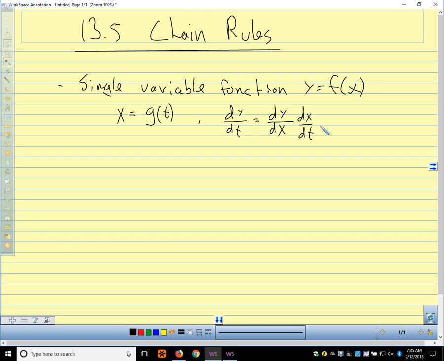And for multivariable functions, it's going to follow a similar pattern, but just like we have several second partial derivatives, we have several chain rules, depending on how our variables depend on other variables. So we're going to talk about a couple of cases.